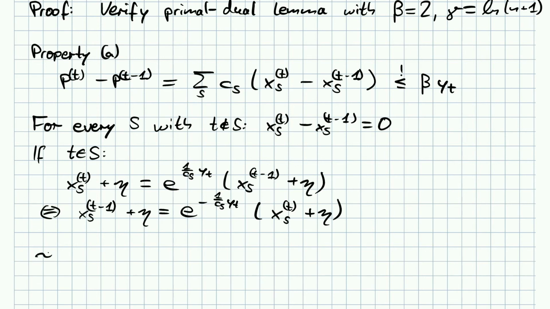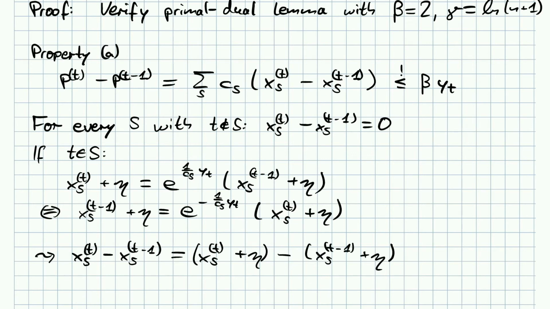And if we now see what we're getting here, this means that x as t minus x as t minus 1, this is exactly equal to x as t plus eta minus x as t minus 1 plus eta, so adding and subtracting eta.